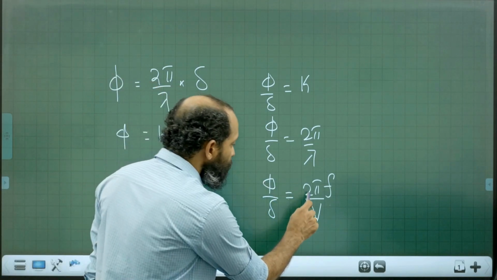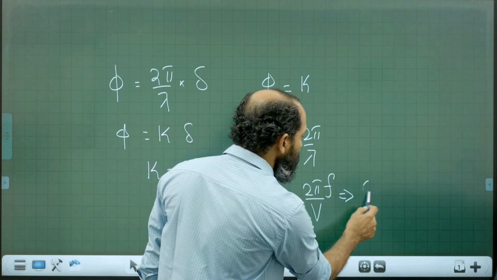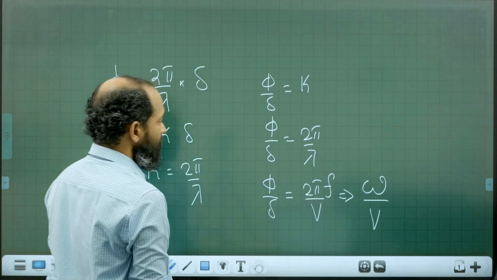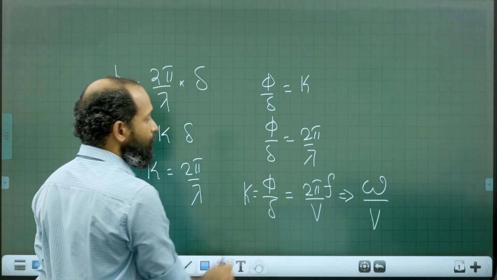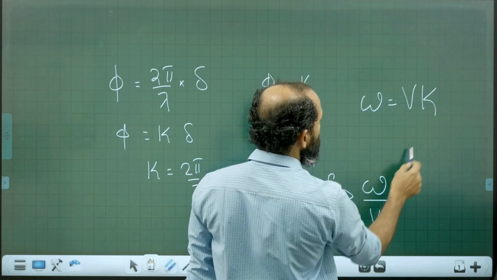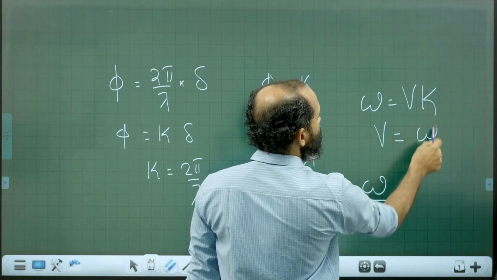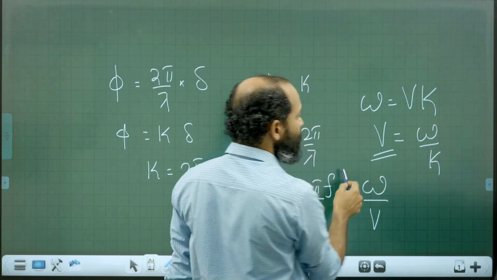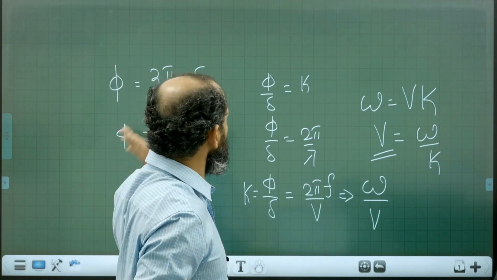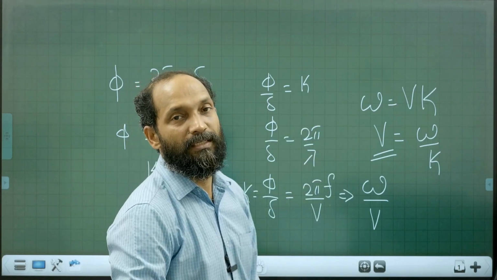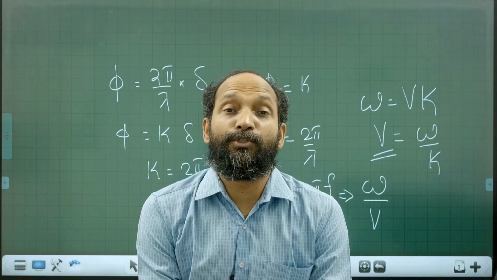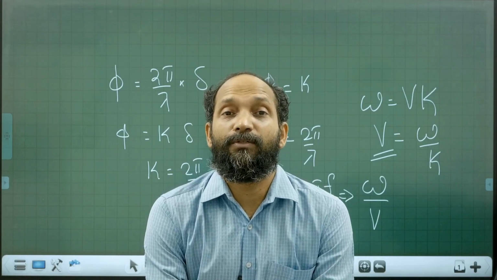Here 2 pi f may be written as omega, the angular frequency of the wave, so k is equal to omega by v, or omega equals vk, or v equals omega by k, where v is called the wave velocity or phase velocity. So these types of discussions are important. When a traveling wave is advancing through a medium, no two neighboring particles are in phase.